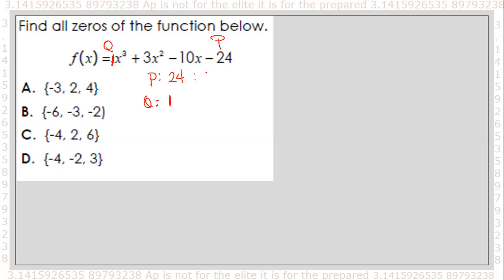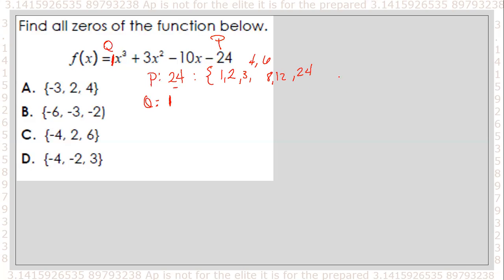So we go ahead and factor this and we have 1 and 24 because 1 times 24 gives me 24. Other numbers that multiply to give me 24 are 2 and 12, along with 3 times 8, and 4 times 6. Okay.